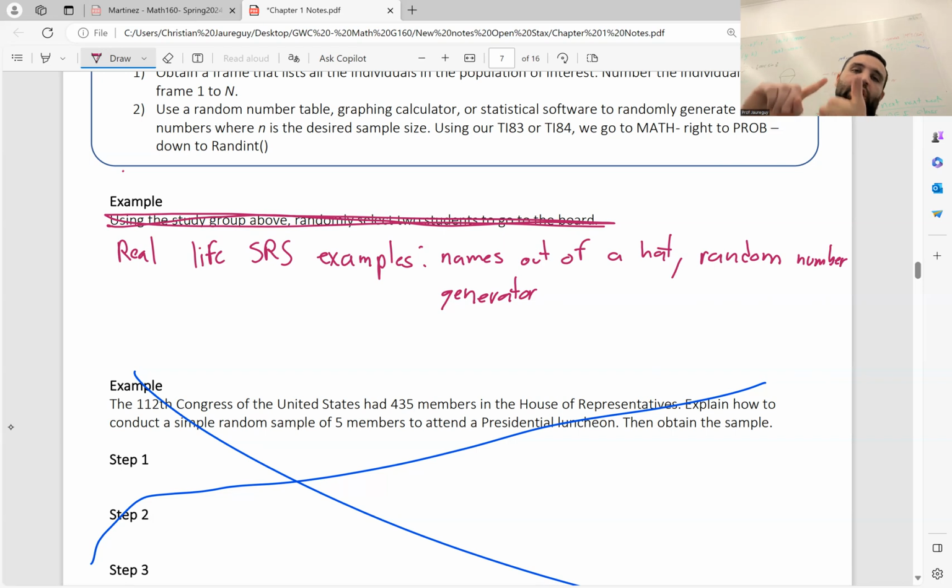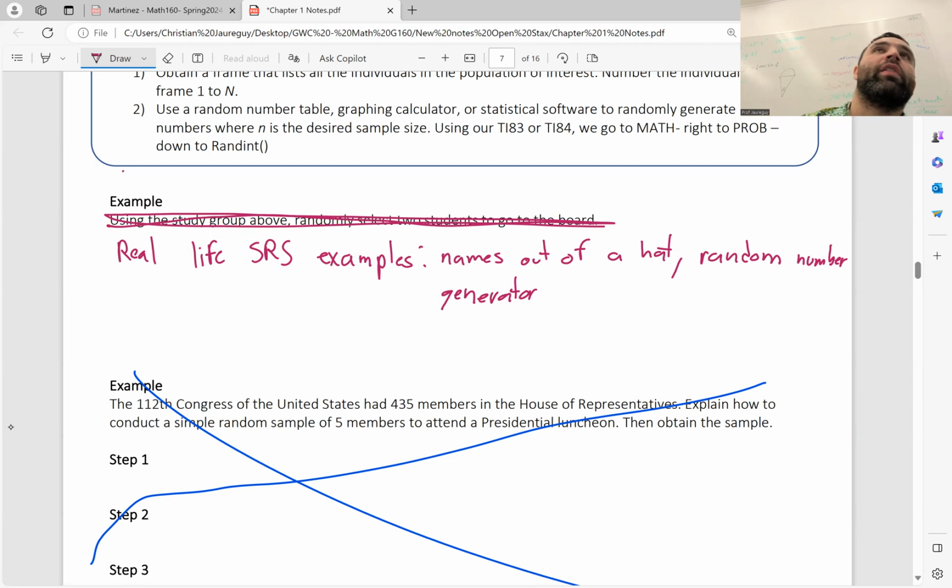We have driver's licenses, hopefully, passport numbers, some of us, social security numbers, school IDs, phone numbers. All these things that are assigned to us, we can put in a program and randomly generate 5 of those numbers, 6 of those numbers.